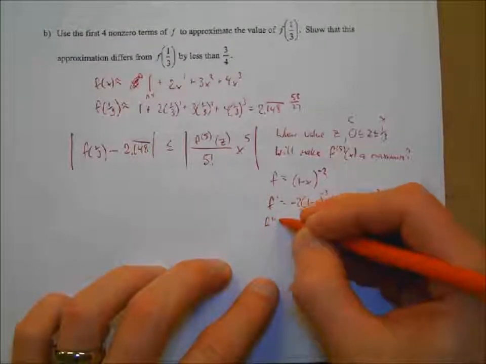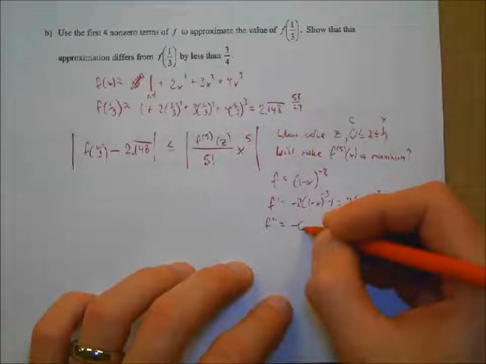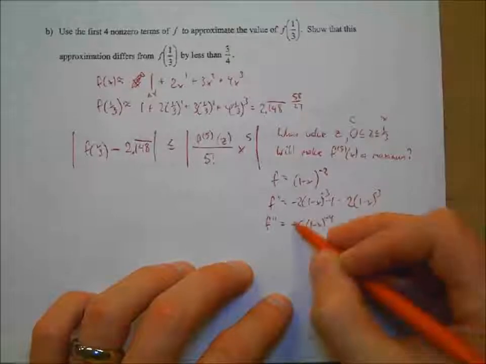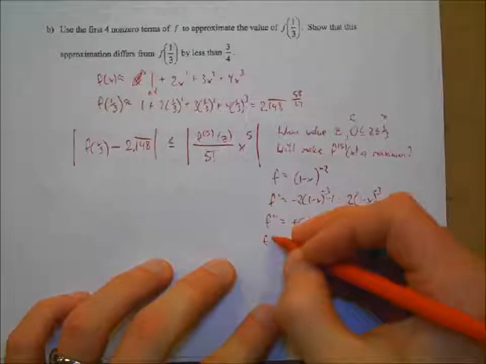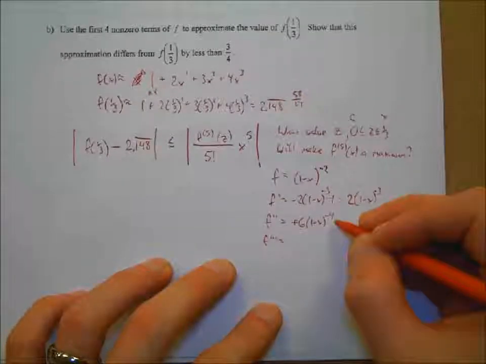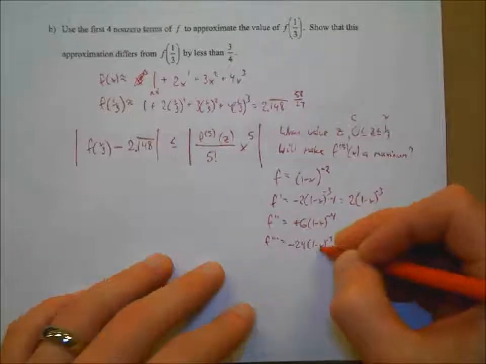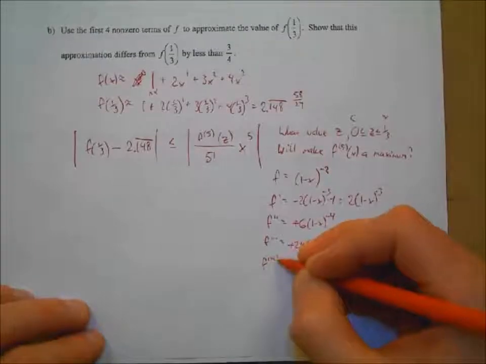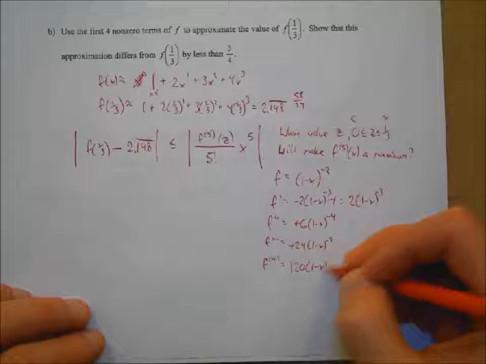Okay. And then f prime prime, the second derivative, right? We'll bring that negative 3 out front. Becomes negative 6, 1 minus x to the negative 4, but then again multiply by negative 1, so it really becomes positive 6. Okay. And so we're going to see a pattern here, right? F prime prime prime, third derivative, negative 4 times 6, negative 24, 1 minus x to the negative 5, but again multiply by the derivative of what's inside, becomes positive 24 in front. So the fourth derivative will be, let's see here, positive 120, 1 minus x to the negative 6th.